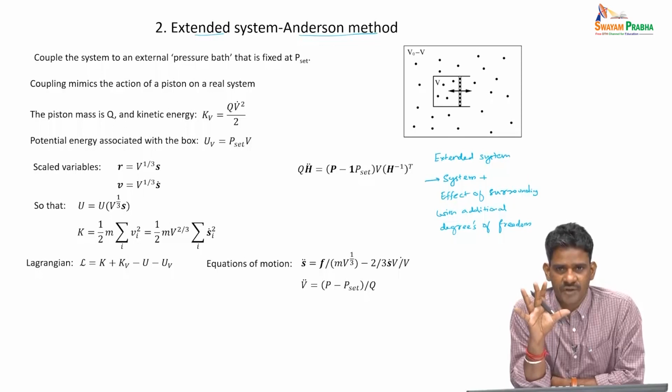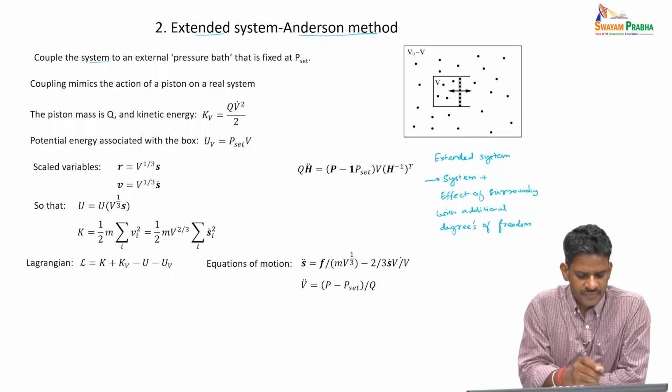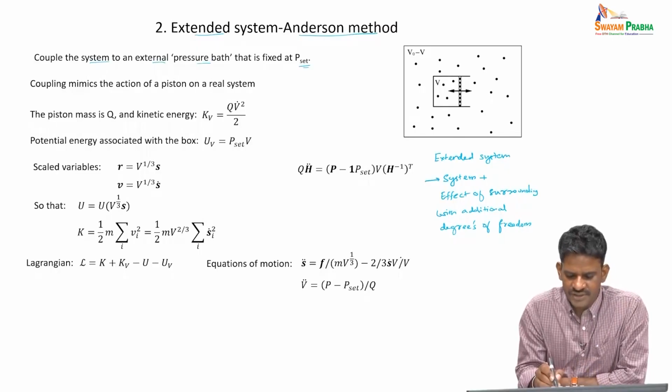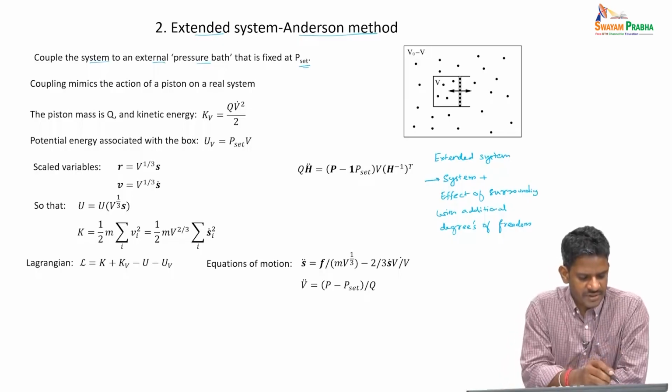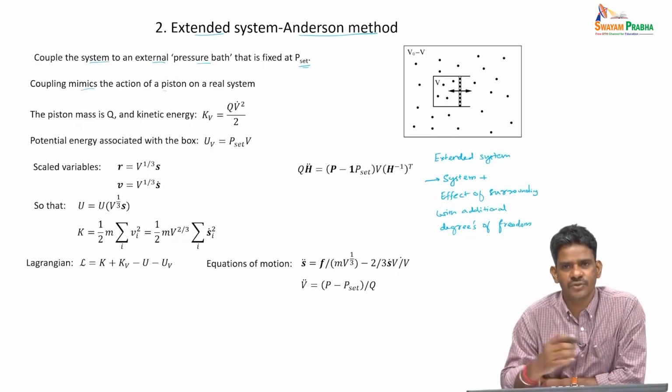Like the Berendsen barostat, in the Andersen method also, we think of coupling the system to an external pressure bath, which is set at P set. The idea remains the same, and this coupling of the system with the surroundings mimics a piston acting on the system so as to adjust the pressure.